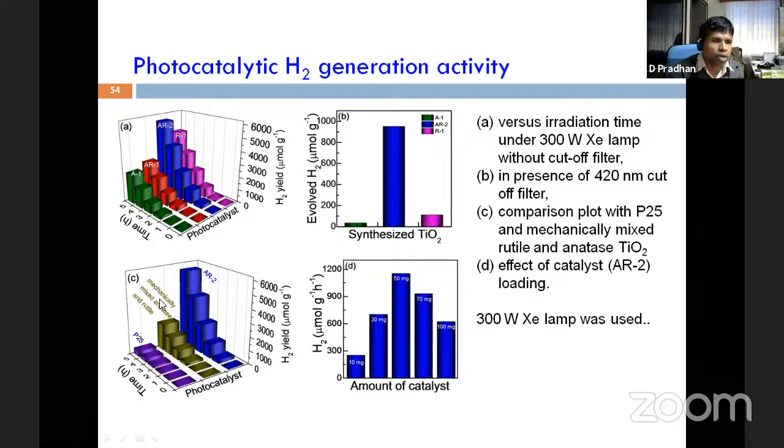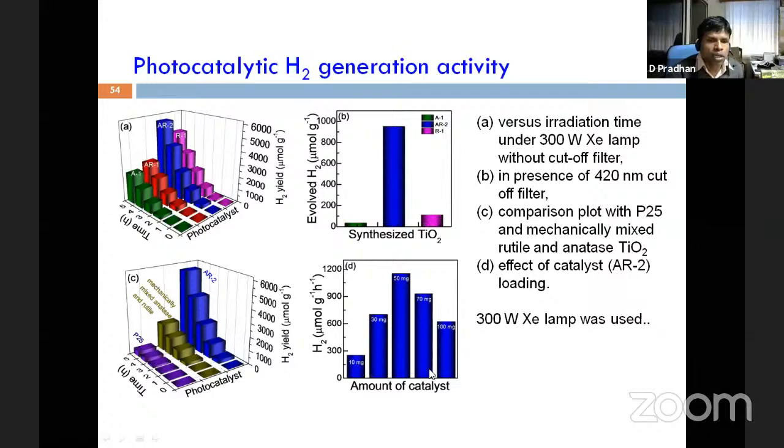What we found is that when we mechanically mix the anatase and rutile phases, their performance was not as good as the synthesized material, because the actual heterostructure could not form, and the adhesion or connectivity between the two phases would not be as good as when it is synthesized in situ, where both phases form simultaneously. So the heterostructure formation and good connectivity between the two phases play an important role in charge separation.